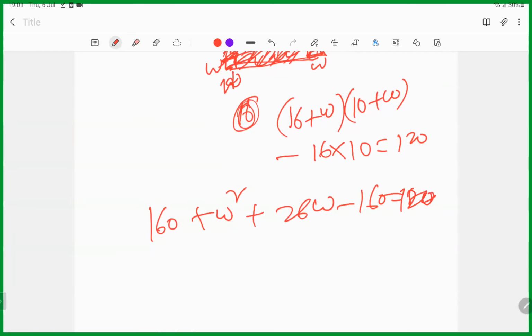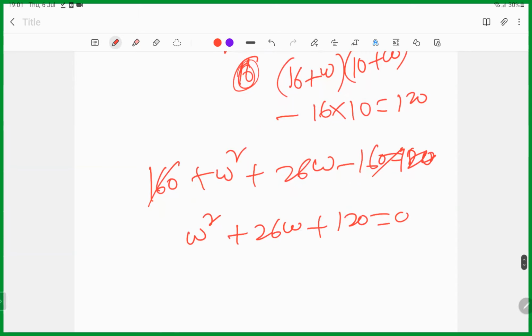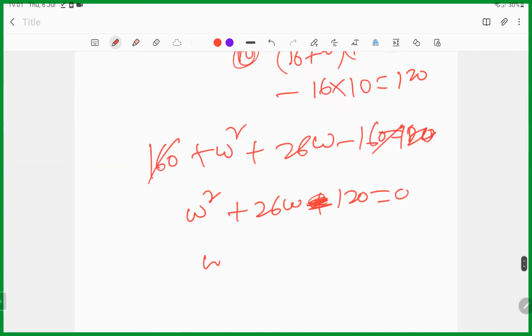Not clear? 160 cancels. Then 26W equals 120. Okay, minus 120. So now W square plus 26W minus 120.